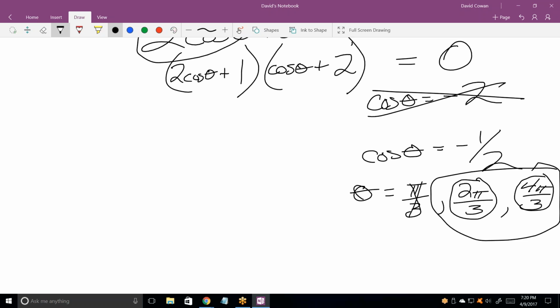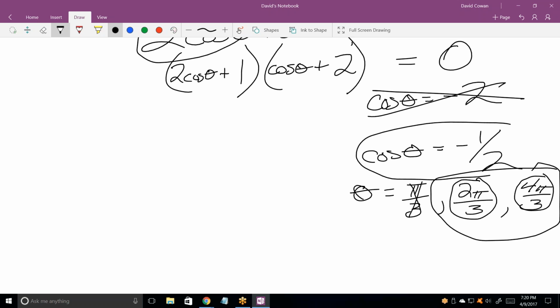Now, if they had not restricted the domain and had said go from negative infinity to positive infinity, we'd have to come up with one of those series using n or k. I can't remember which one you guys use. But use k. The fact that they restricted it to one unit circle makes the problem a lot easier. In other words, all we have to do is find the two quadrants where this is true.